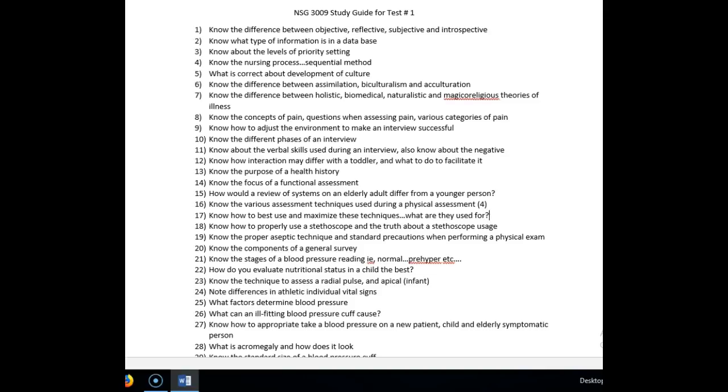Next, I want you to know how to adjust an environment so that when you're interviewing a person, you make that area good for the person, where it's best for you to get that interview done and for it to be the best type of interview that you can do.